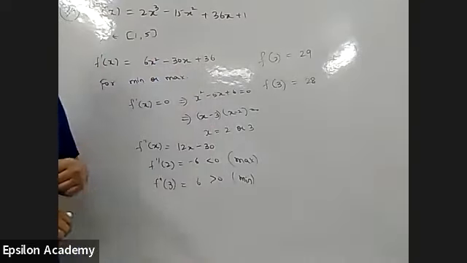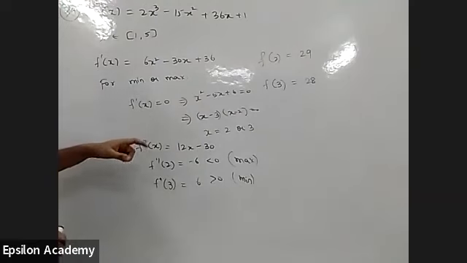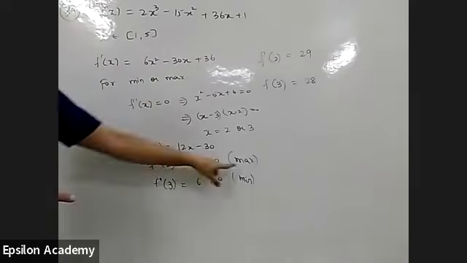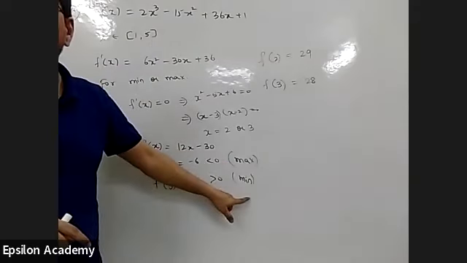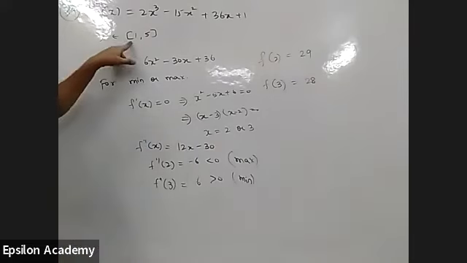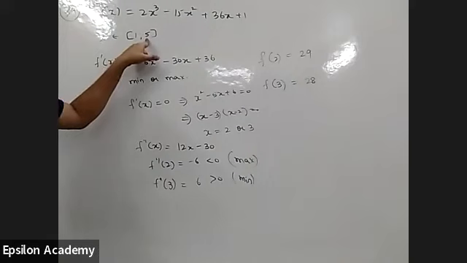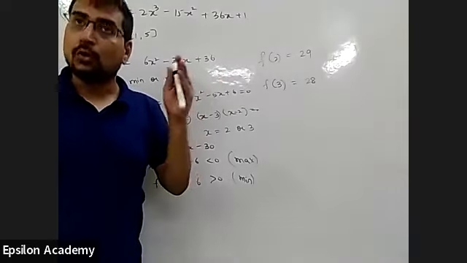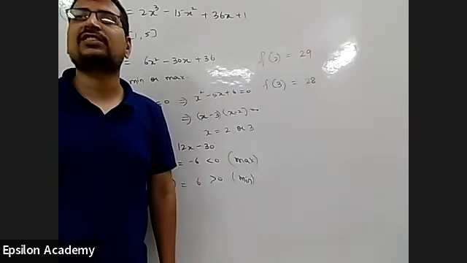Whereas here, between 1 and 5, I know that 2 gives the maximum point and 3 gives the minimum point, but f of 1 could also have been maximum or minimum. Similarly, f of 5 could also have been maximum or minimum. So when you have a closed interval, you need to check the function values at the extreme points also.